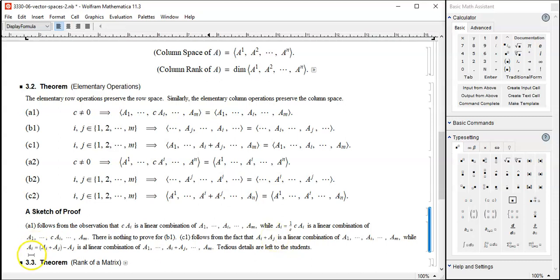And then each Ai can be written as that and then minus Aj, and then these two cancel out, we get Ai.